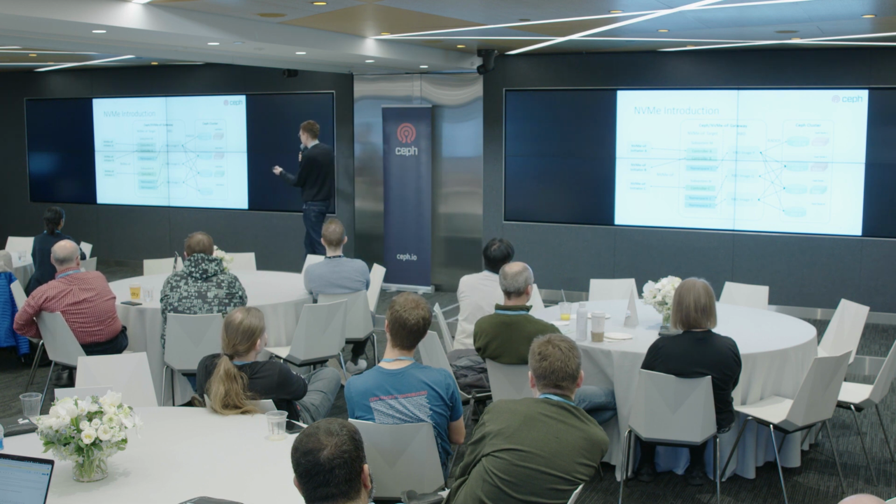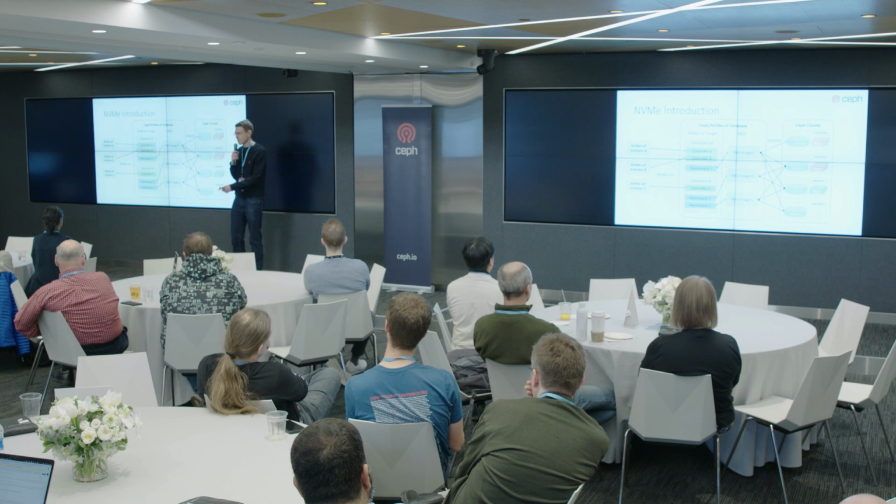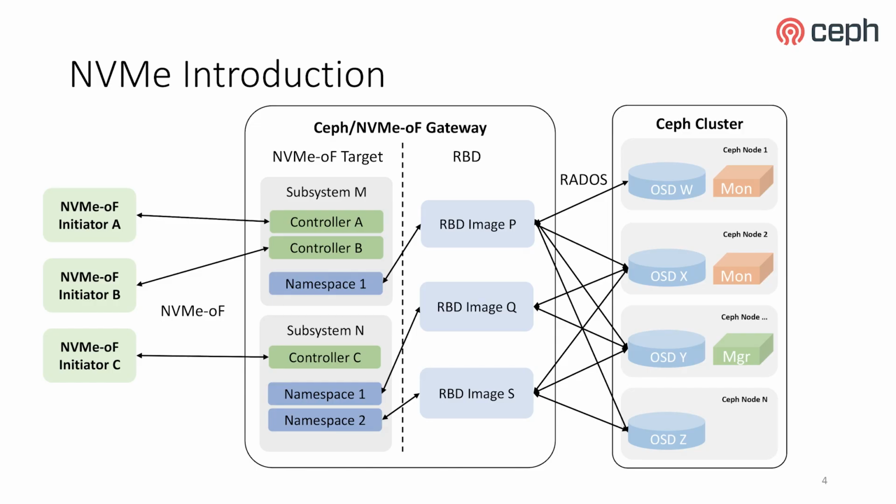So let's see how this looks. To give you some NVMe basics, right? For the rest of the talk, typically what you have as an image or a volume in NVMe is a namespace, which we map to an RBD image, right? And then the RBD image is mapped to objects in your Ceph storage.